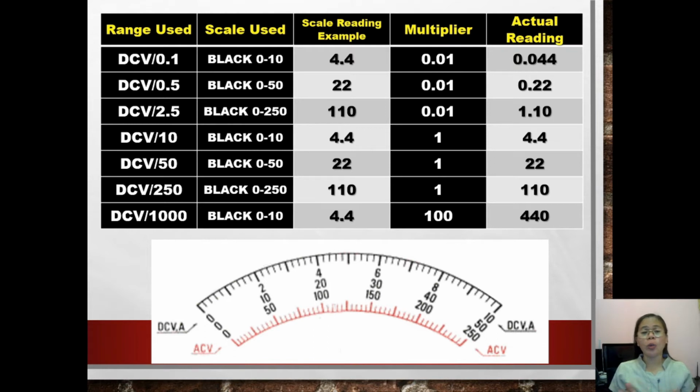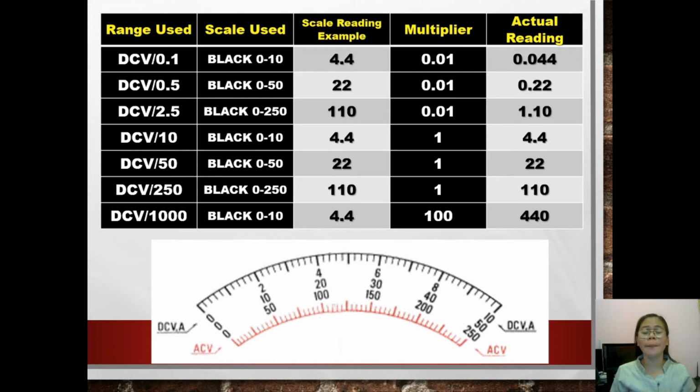The red one is ACV, which means alternating current voltage. Those are the high voltages, that is why it is red. We are going to use the black one because that is for direct current voltage, the low voltages. And ACV, the red one, is used for the high voltages.